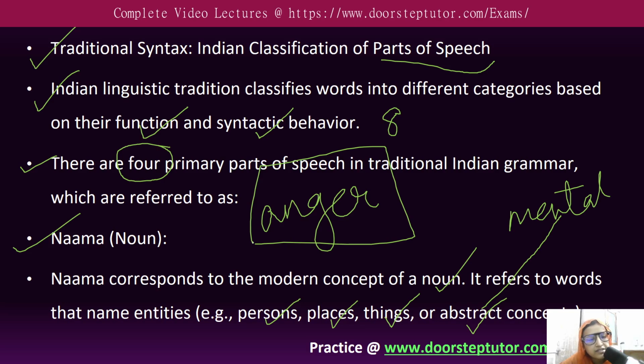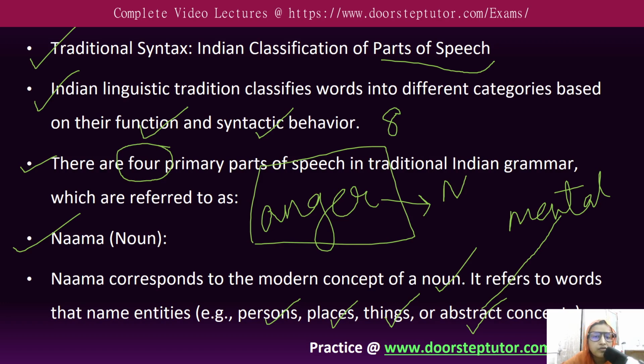As long as it is not expressed, it is abstract. It is inside the head, it is a feeling, it can be felt, but it cannot be felt using your five senses. It can only be sensed inside the brain. Now anger is an abstract concept, but the name anger is a noun. It is a naama. It falls under the part of speech of noun.